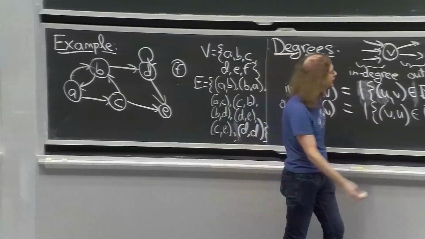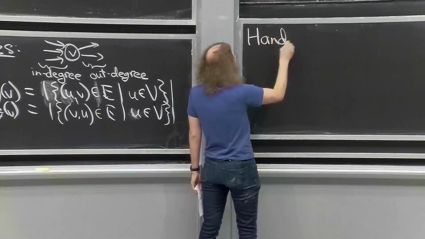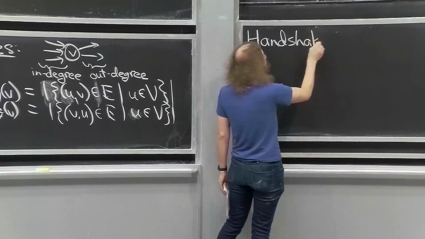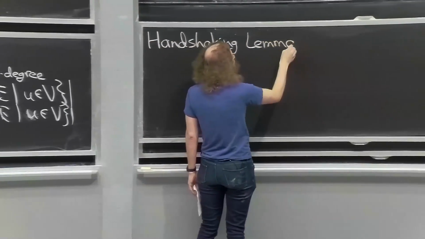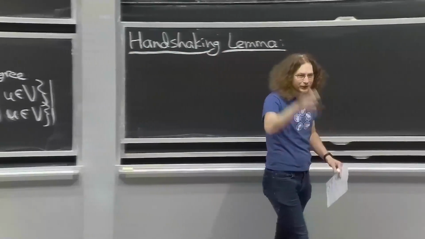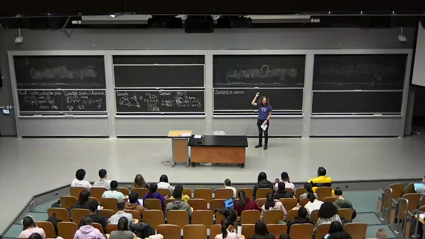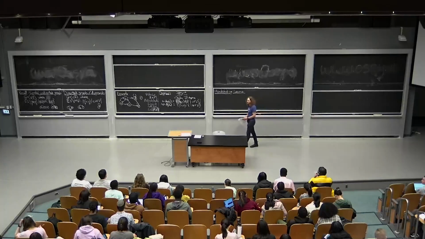A related thing to degree is the handshaking lemma. Who remembers what the handshaking lemma was for undirected graphs? I know it was ages ago, before spring break.